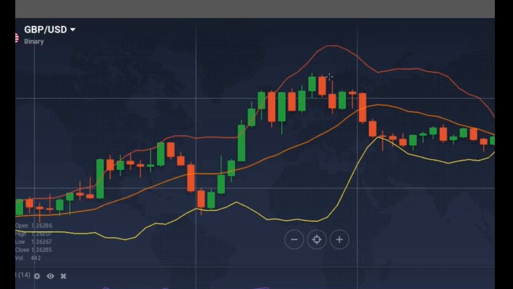Okay, so basically that's all we want to do for today, and I would advise that you go through these patterns, go through these charts. Patterns repeat themselves.